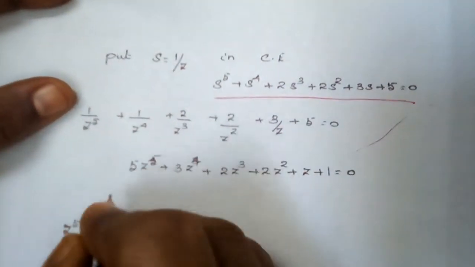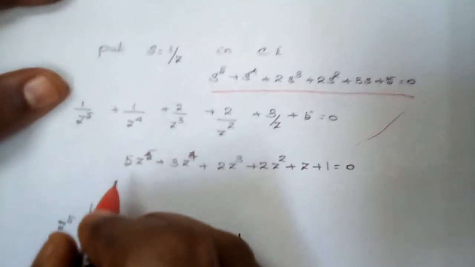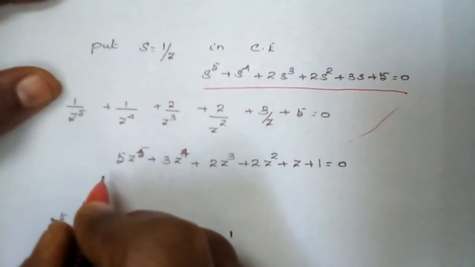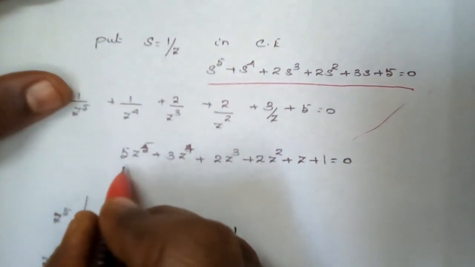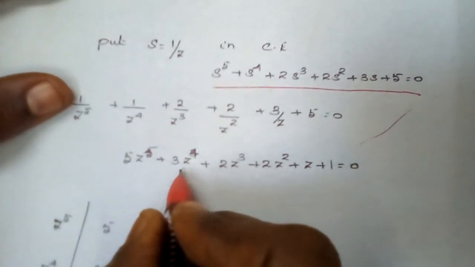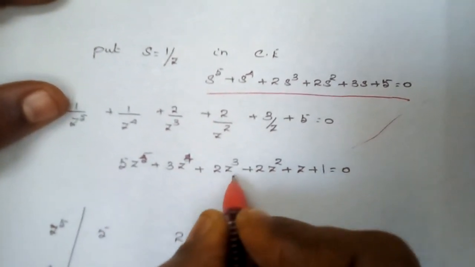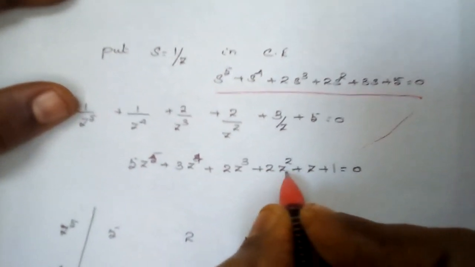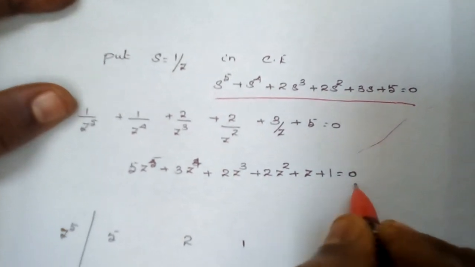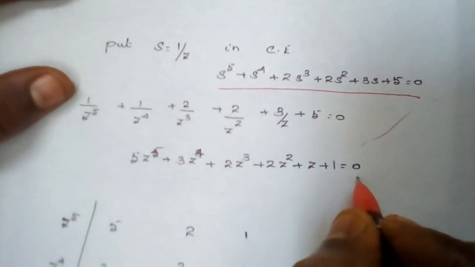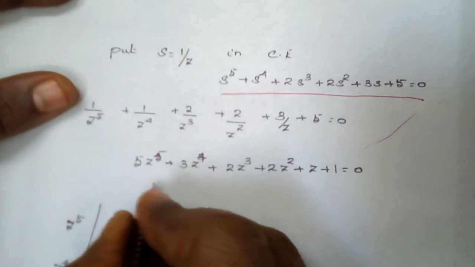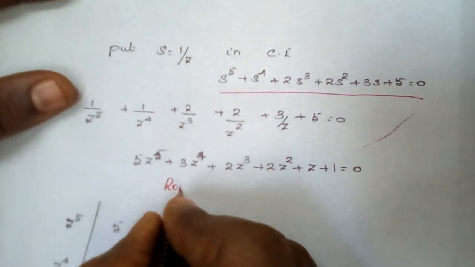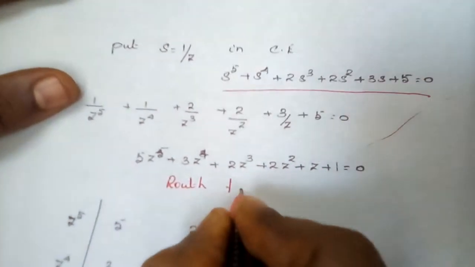Taking the common multiplicand, I get the final characteristic equation as 5z power 5 plus 3z power 4 plus 2z cube plus 2z square plus z plus 1, which is equal to 0. And once again, with the variable z, I am forming the Routh's table.